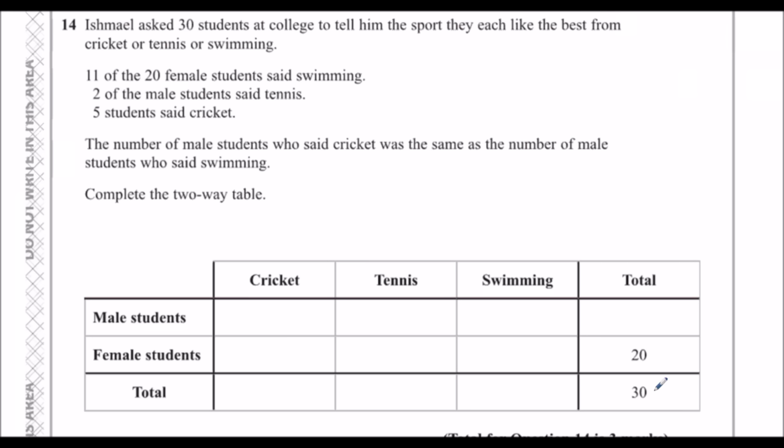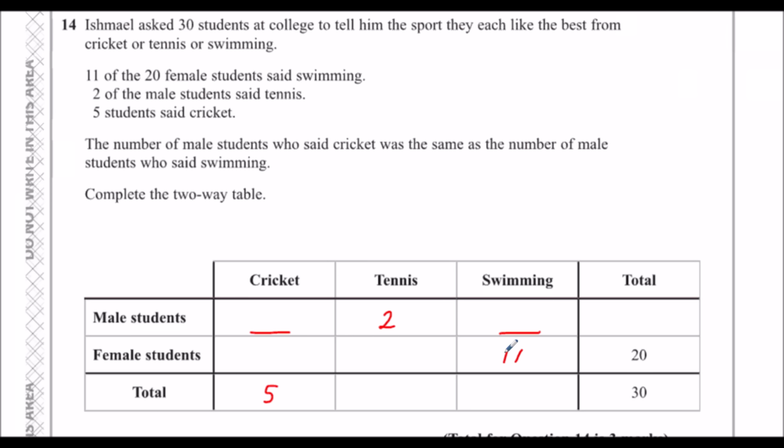So we've got 30 already written in, that's the total. 11 of the 20 female students said swimming. 2 male students tennis. 5 students cricket in total. The number of male students who said cricket was the same as the male students who said swimming. So these 2 are the same.